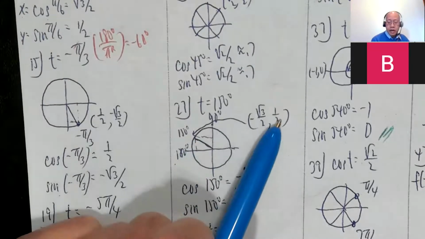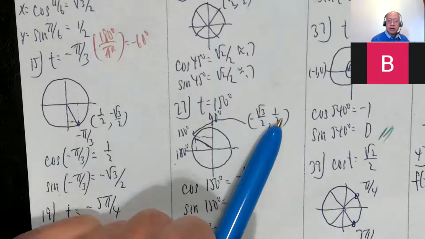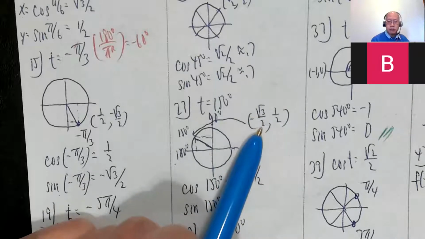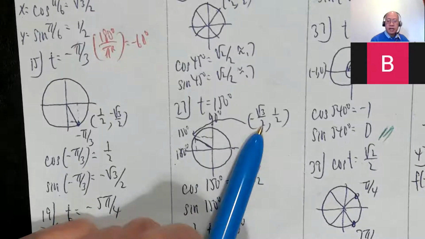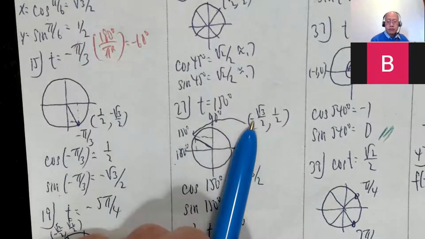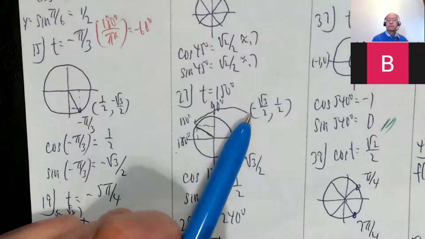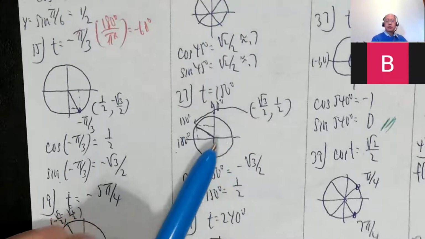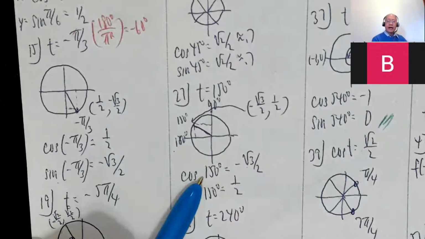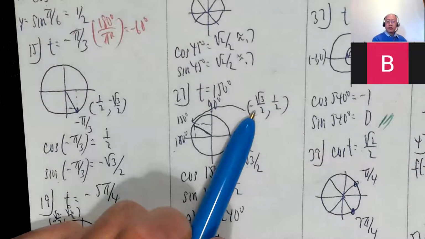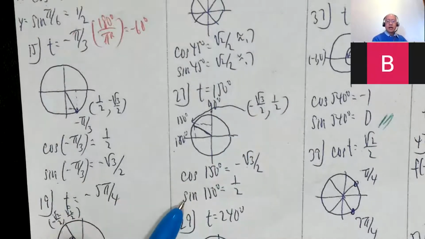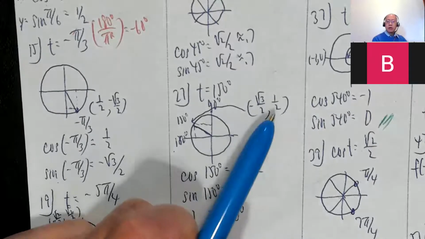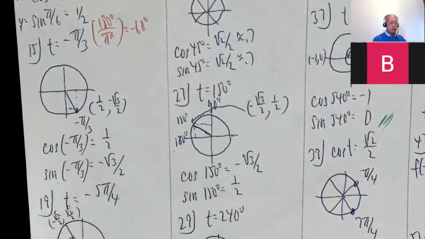So I put the Y coordinate as a half, which automatically means the other number is radical 3 over 2. And then the correct sign, second quadrant, negative. So there I go. Cosine of 150 degrees, X coordinate, negative radical 3 over 2. Sine of 150 degrees, Y coordinate, 1/2.